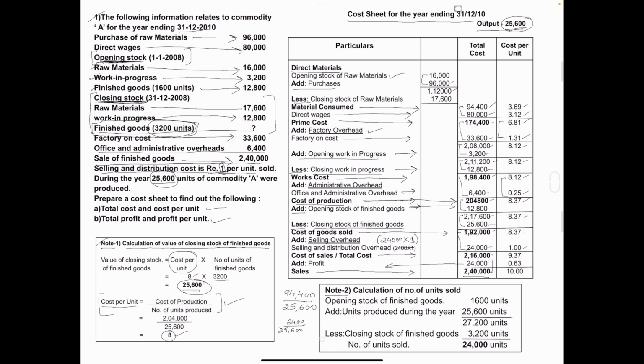So for the total per unit column, 2,40,000 divided by 24,000, you will get 10 rupees. From 10 minus 9.37, you will get 0.63. This is the profit per unit.